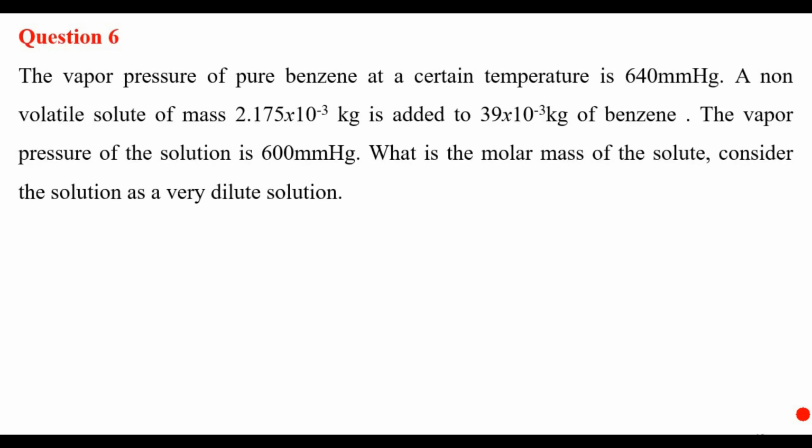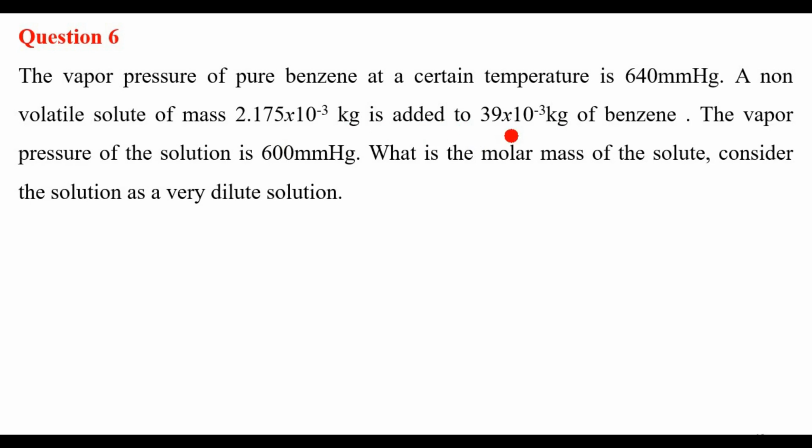Question number 6 is saying the vapor pressure of pure benzene, that means the vapor pressure of the pure solvent, is 640 millimeter mercury. A non-volatile solid of mass 2.175 times 10 power negative 3 kilogram is added to 39 times 10 power negative 3 kilogram of benzene.